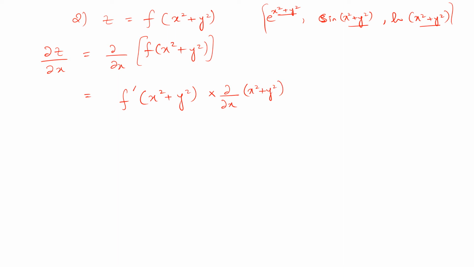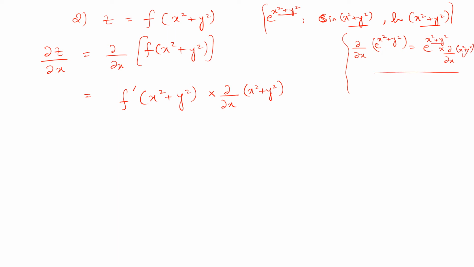That is the same as we did in the case of ordinary differential equations. For example, let's take e to the power x squared plus y squared, and I want to differentiate this function partially with respect to y. What I get is e to the power x squared plus y squared times the derivative of x squared plus y squared.